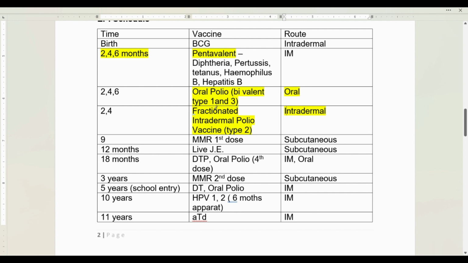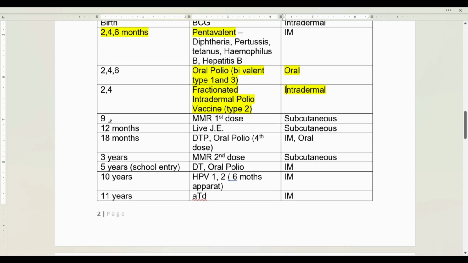Therefore, they changed it to the fractionated intradermal vaccine, which contains type 2 and is given at 2 and 4 months after birth.